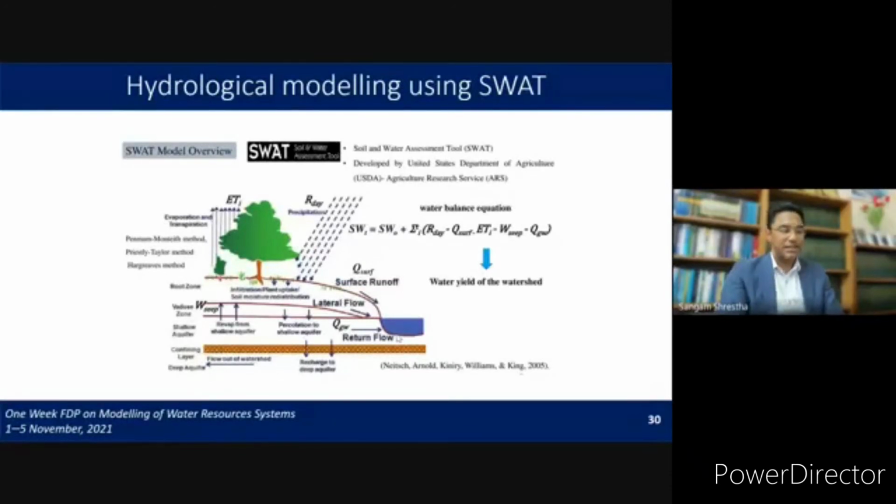And it has been widely used in several parts of the world to assess the impact of climate change, and of land use and land cover change, for water resources management studies. So it's quite a popular model. And in this study also, we have used the SWAT model to simulate how climate change impacts the hydrology.